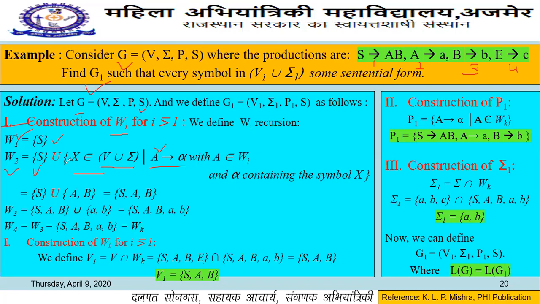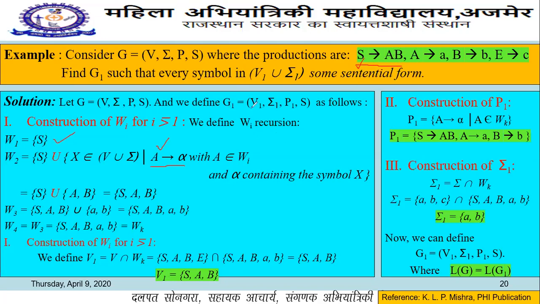So in this case, this set is of course A and B. How is it? Because we look at the production in grammar G. If we look at this production, then here A belongs to W1, and W1 is our S.